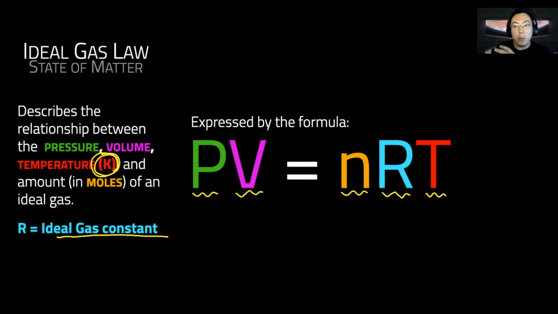Most of the time, we will be given our temperature in Celsius, or it could also be given in Kelvin, but if the temperature is given in Celsius, we need to make this conversion from Celsius to Kelvin in order to actually use it in our equation. So remember this formula as the ideal gas law formula.